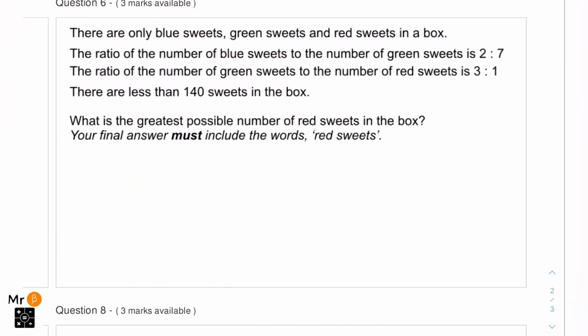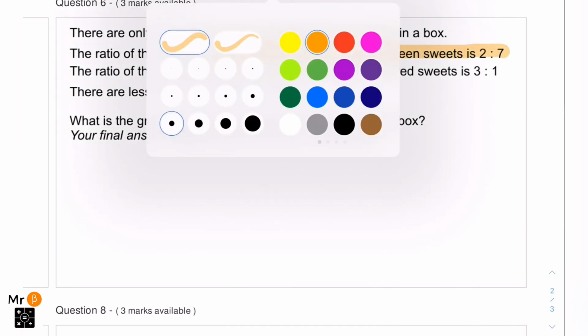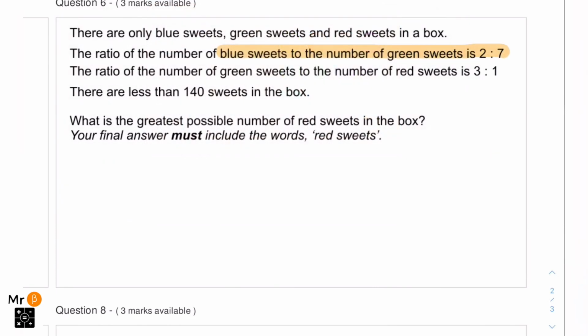So question 6. It's told you that you've got the ratio of blue sweets to the number of green sweets is 2 to 7. It has then told you the number of green sweets to the number of red sweets is 3 to 1.